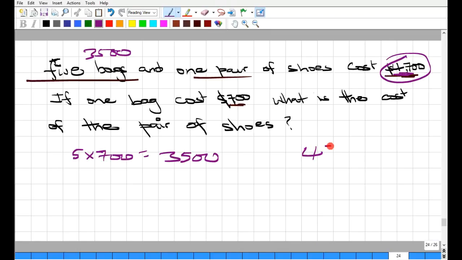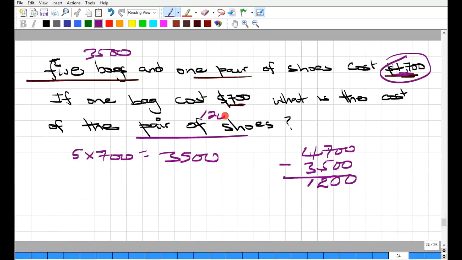We could subtract: 4,700, and we can now take the 3,500 from that, and we'll find the cost of the pair of shoes. 0 from 0, 0, 0 from 0, 0, and 5 from 7 would be 2, because 2 and 5 makes 7, and 3 from 4 would be 1. So the shoes should be 1,200.